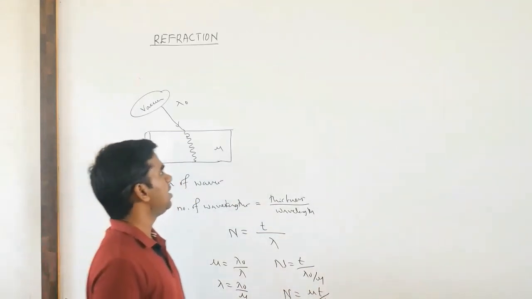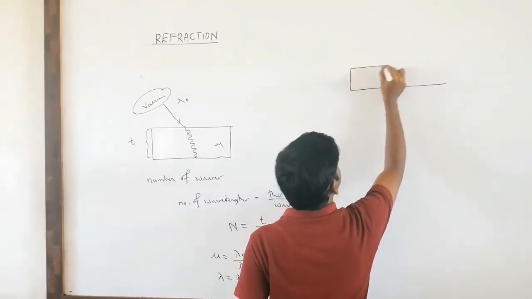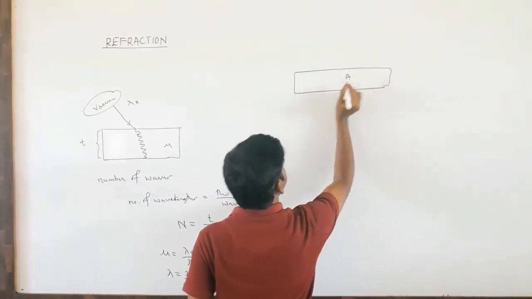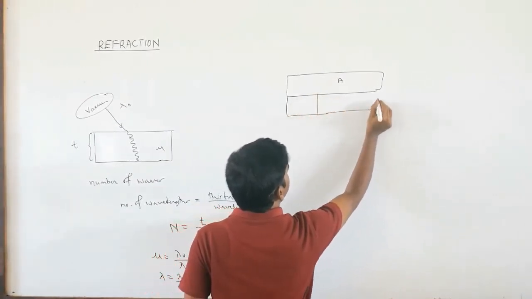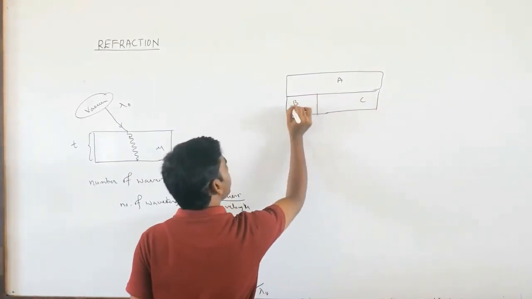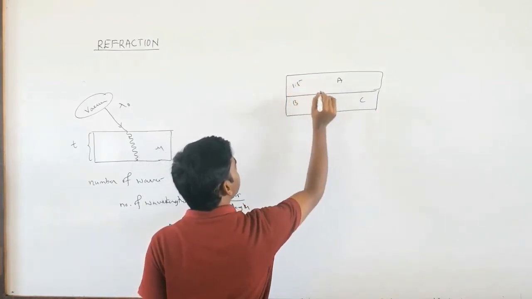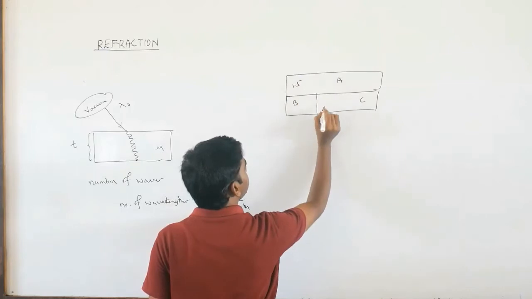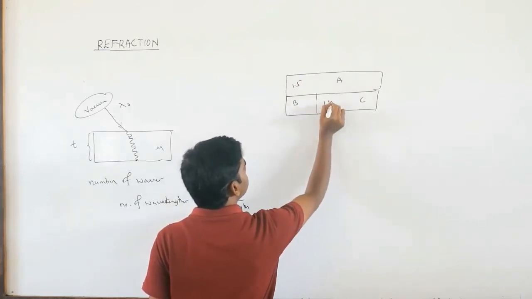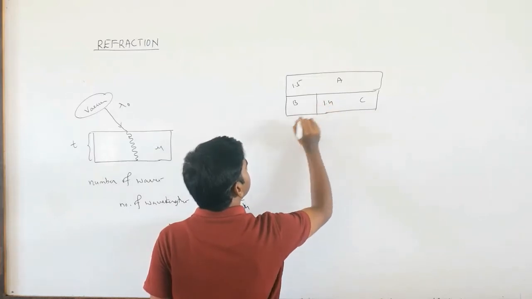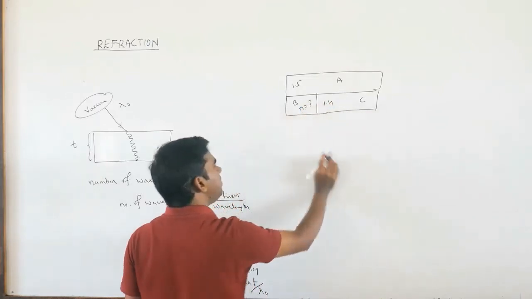Similarly, if there are a number of mediums, suppose you have one medium here, say A, and another medium connected here, that is B, and this is C. The refractive index of A you can take as 1.5, the refractive index of C as 1.4.